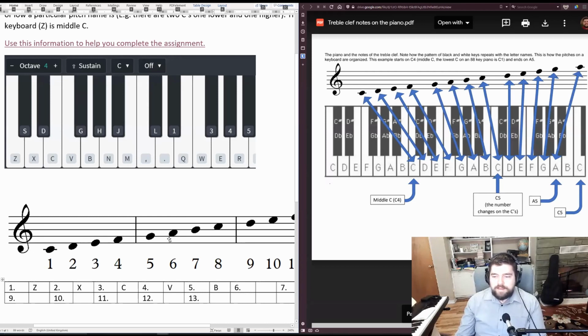Number 6, it's on the second space there. I have 1 correct person. Oh, sorry. Actually, the first one to answer was not correct.